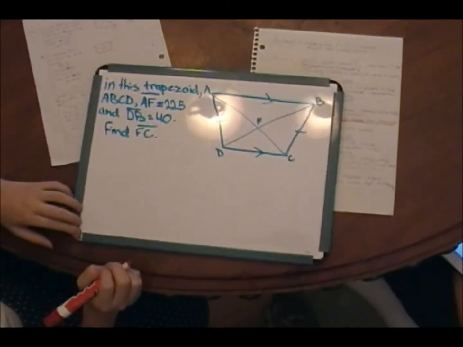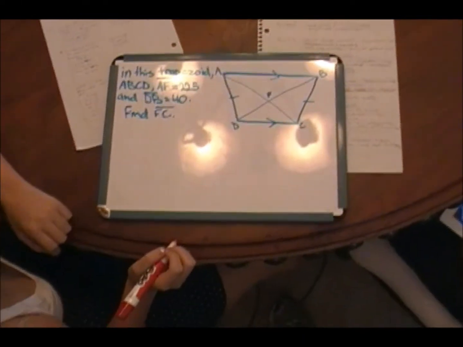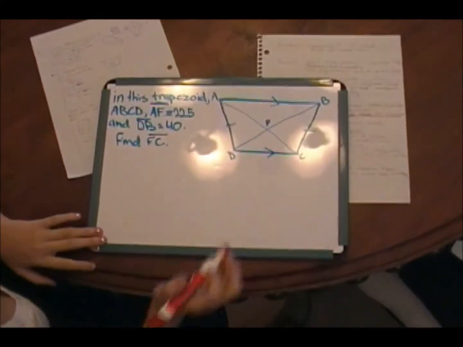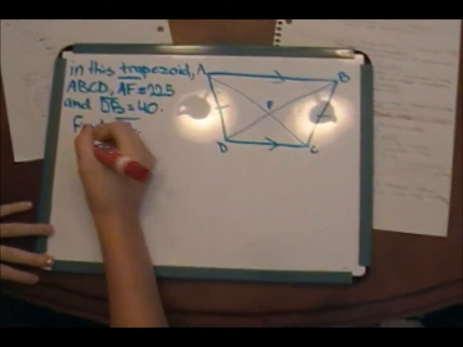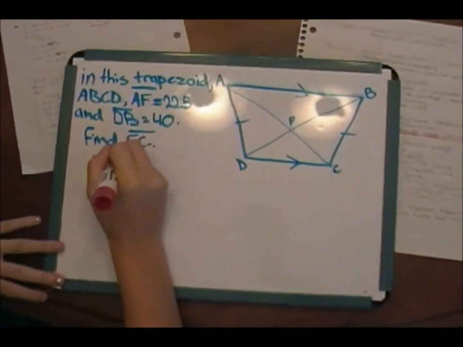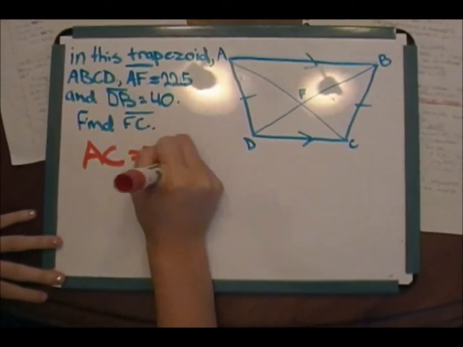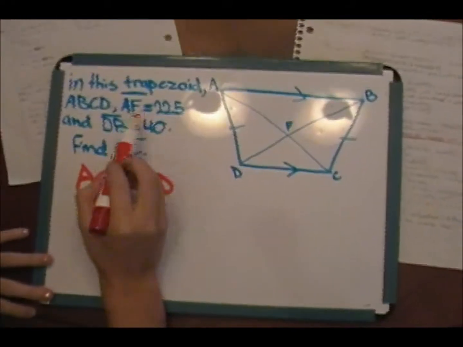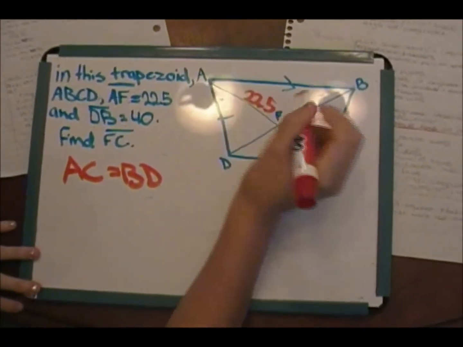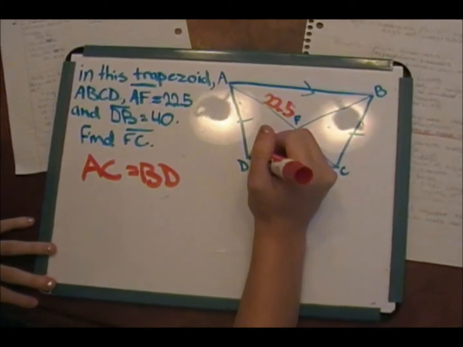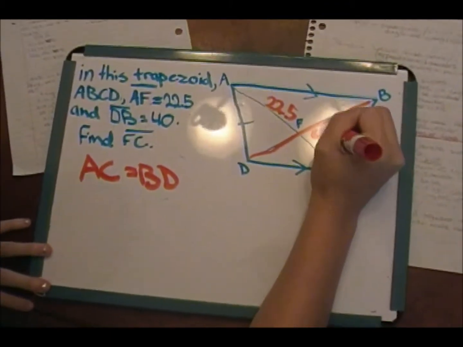How about this one, Kelly? I wasn't really ready to explain it. I can do this. See, AC equals BD. And it says right here, AF is 22.5. But then the whole BD equals 40.